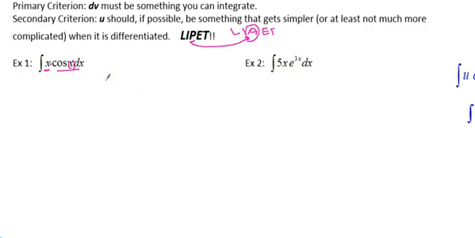Now make sure you follow the way I write it down, because the way I write it will help you to memorize this formula as well. So u and dv. u is x, dv is cosine x dx. This is my u and dv.